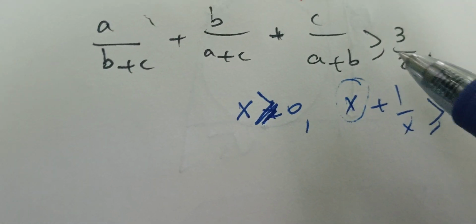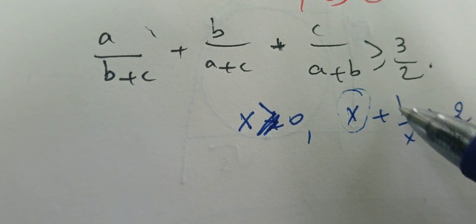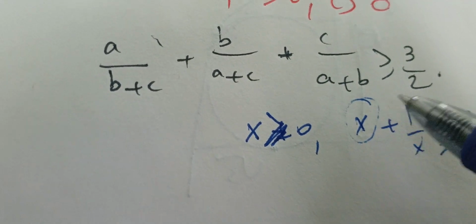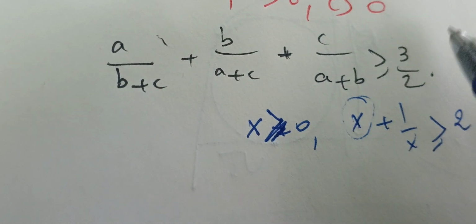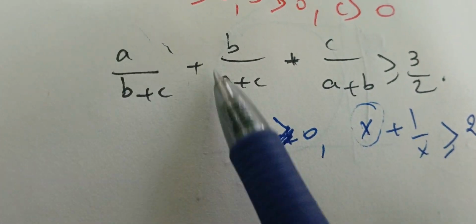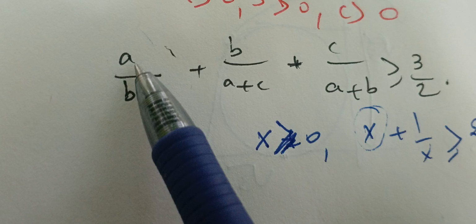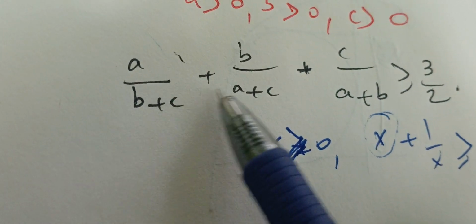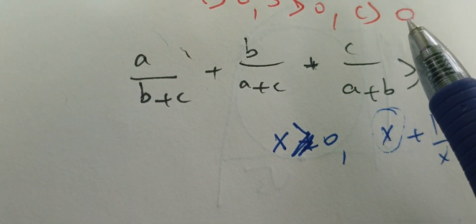I think it's easy to get 1 over x if we can find x and use this result. If we can make this term look like an x, we can manage to prove the result.